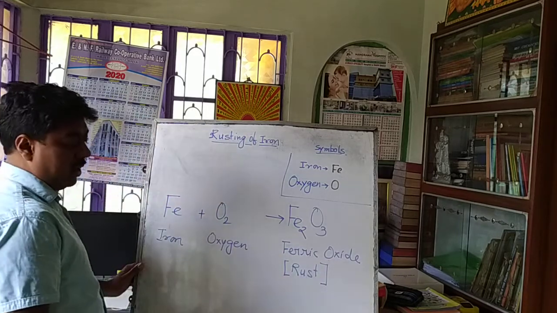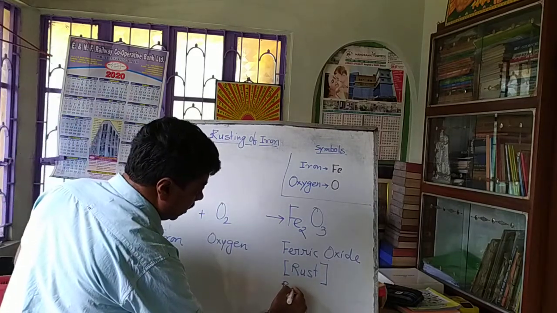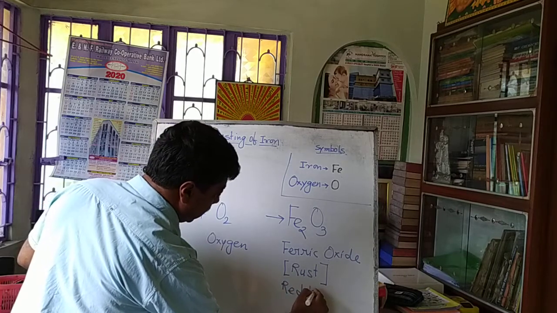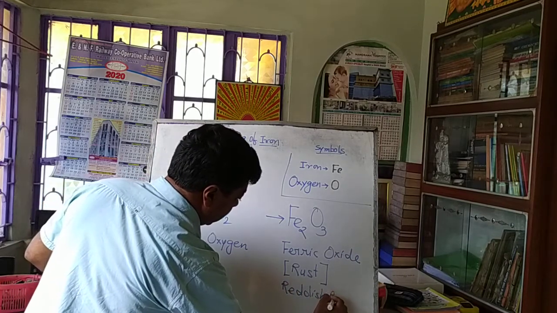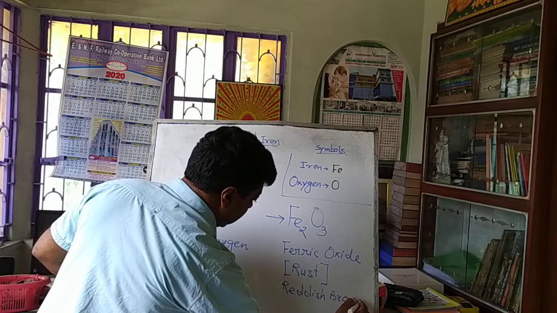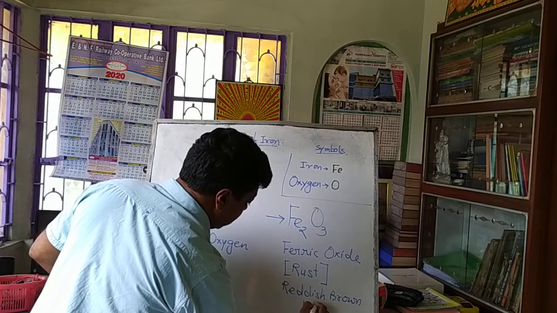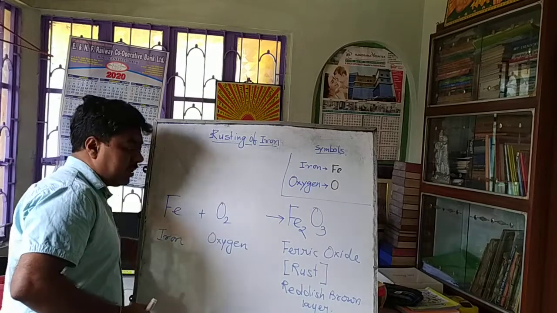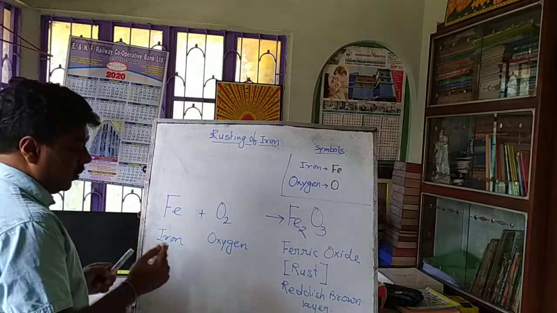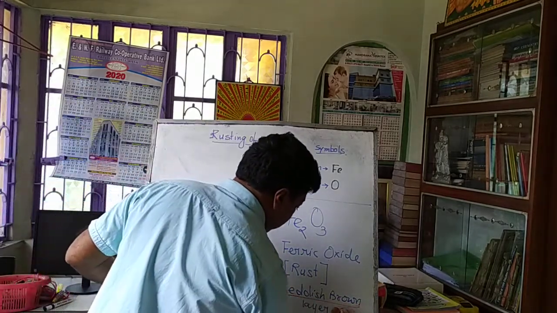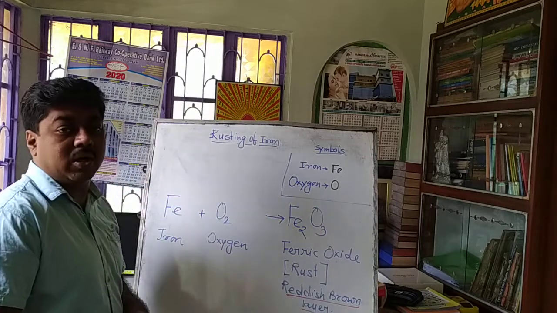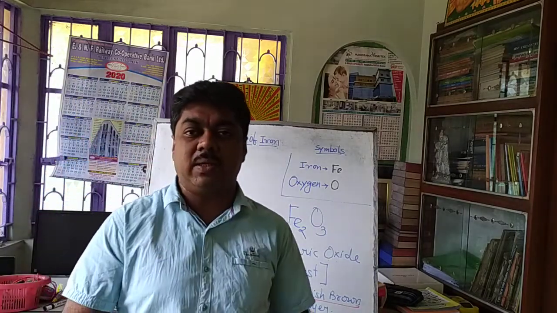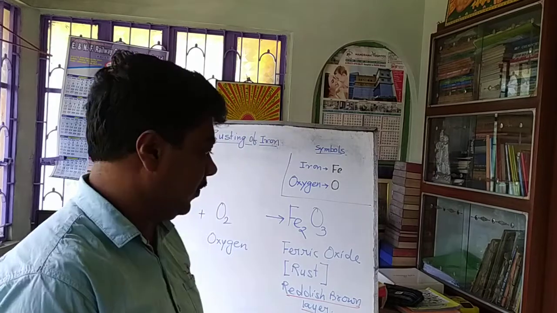That is reddish brown in color. It's a reddish brown layer. So this reaction is one of the examples of oxidation. Oxidation means reacting of the metals with oxygen.